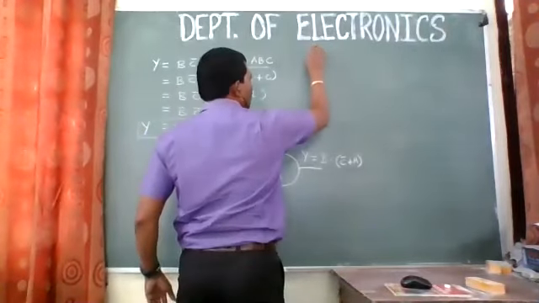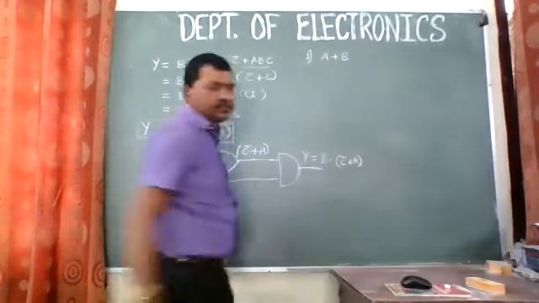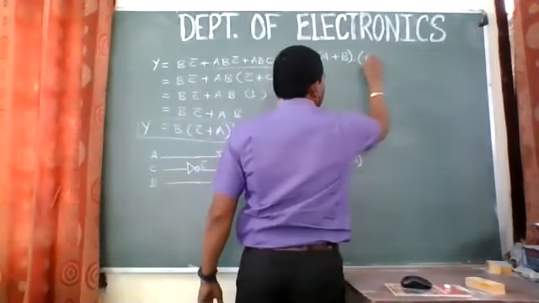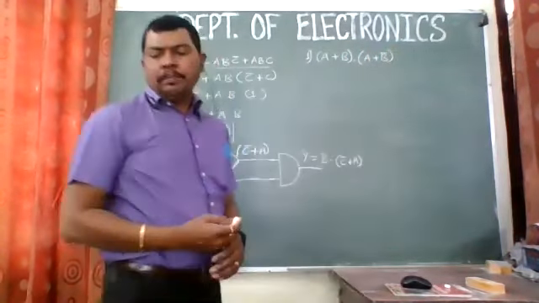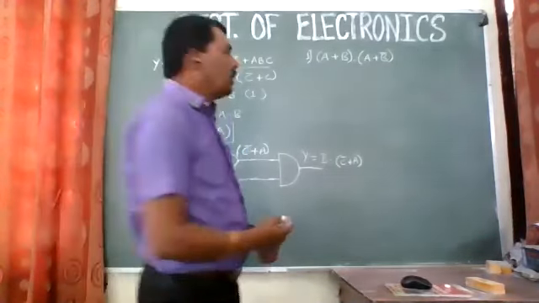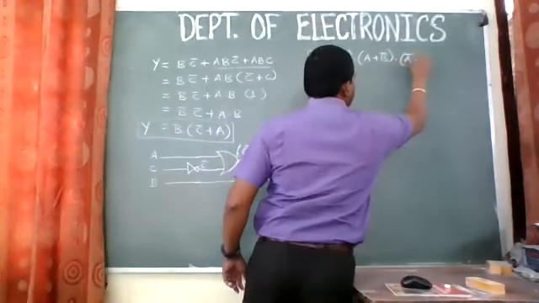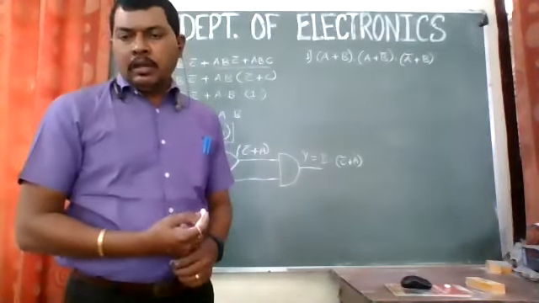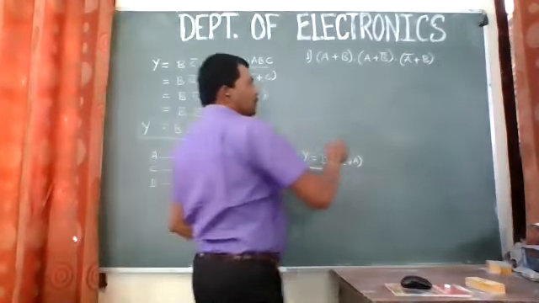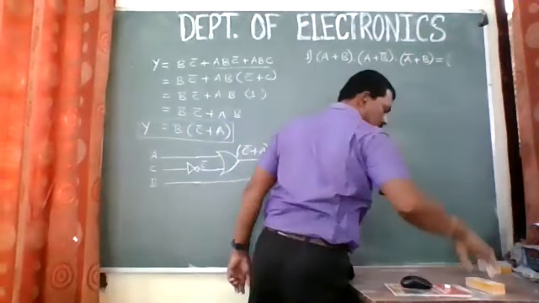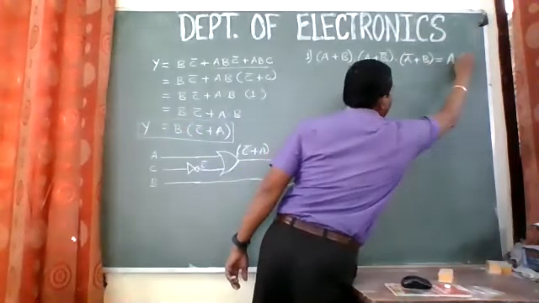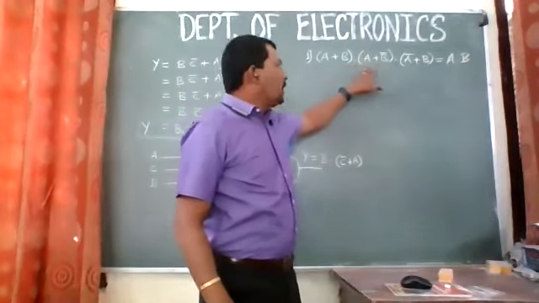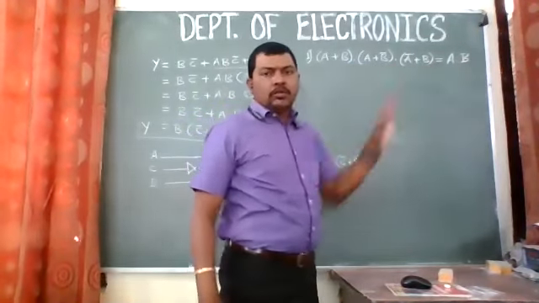So let us prove by using this equation: (a plus b) dot (a plus b bar) dot (a bar plus b) is equal to a dot b.